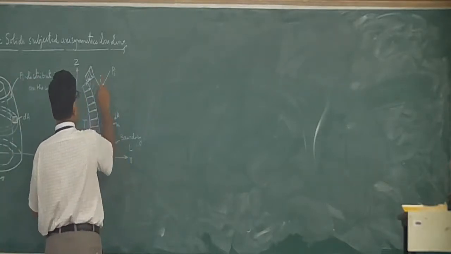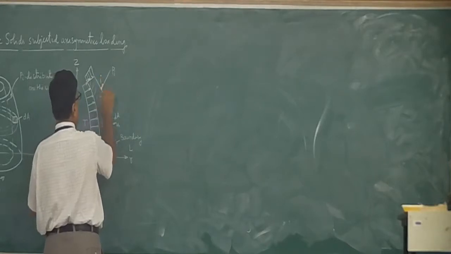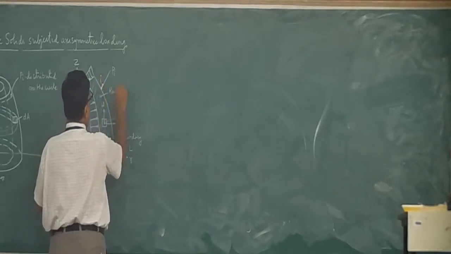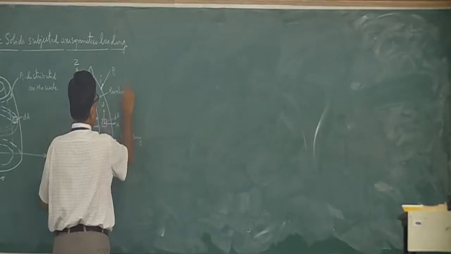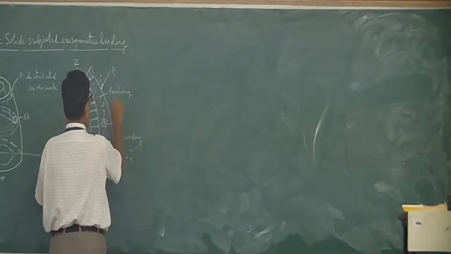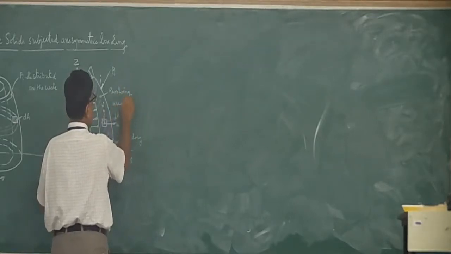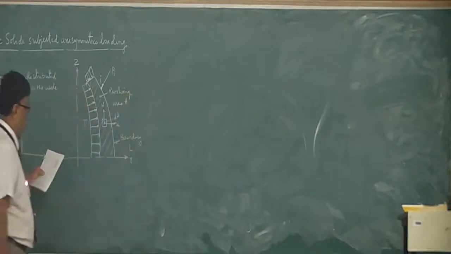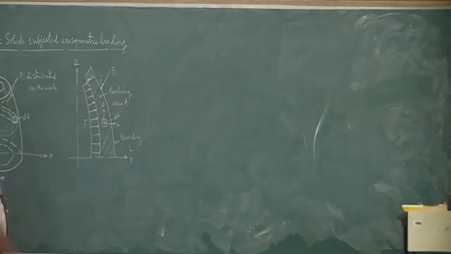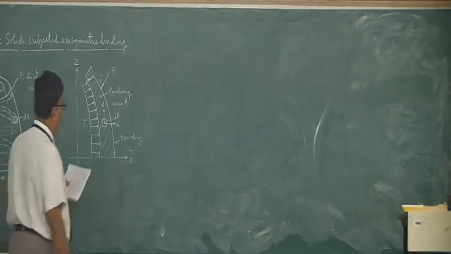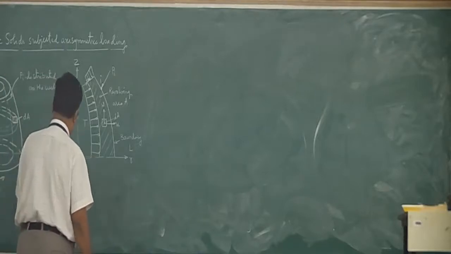See, this load is acting at I. This is called the revolving area A, and this is the elemental area dA. This is one interesting point you can note down.